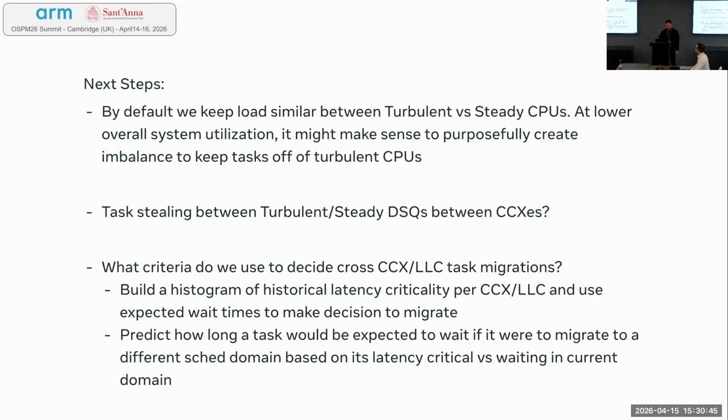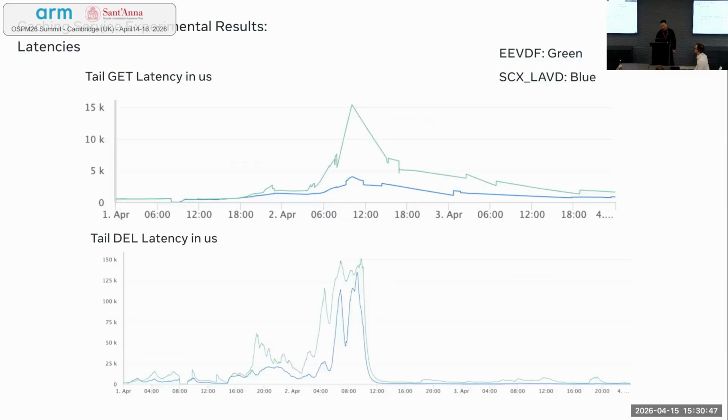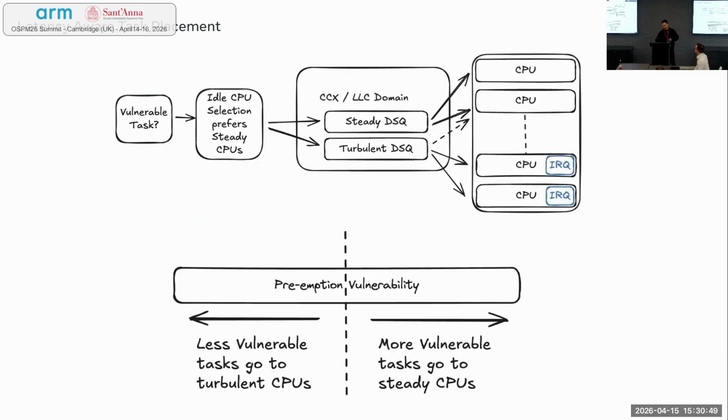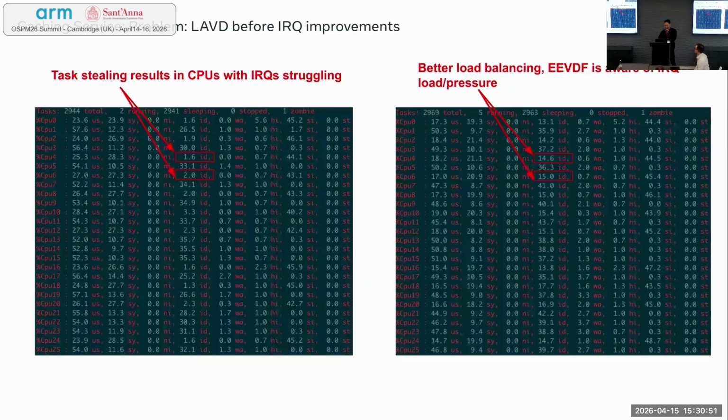So how do you define that this CPU is turbulent? So this IRQ thing or some other kernel threads, how do you track that at runtime? So we look at just the IRQ time. Currently this threshold is a bit arbitrary.